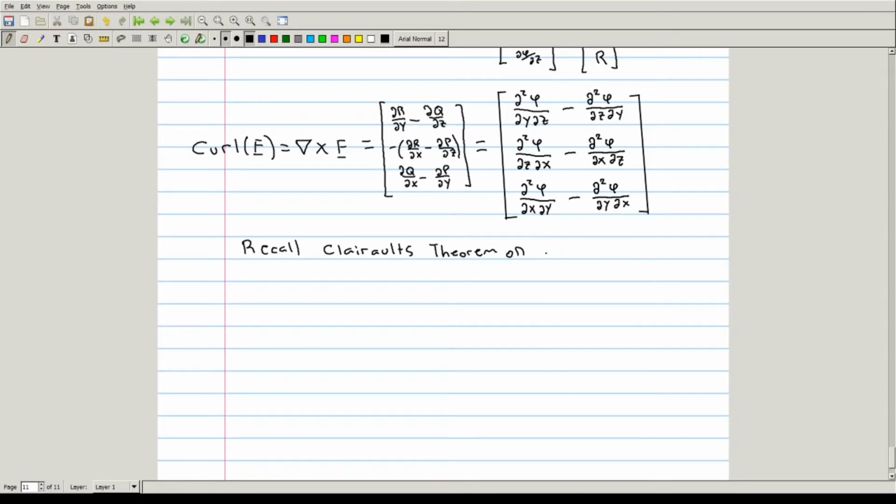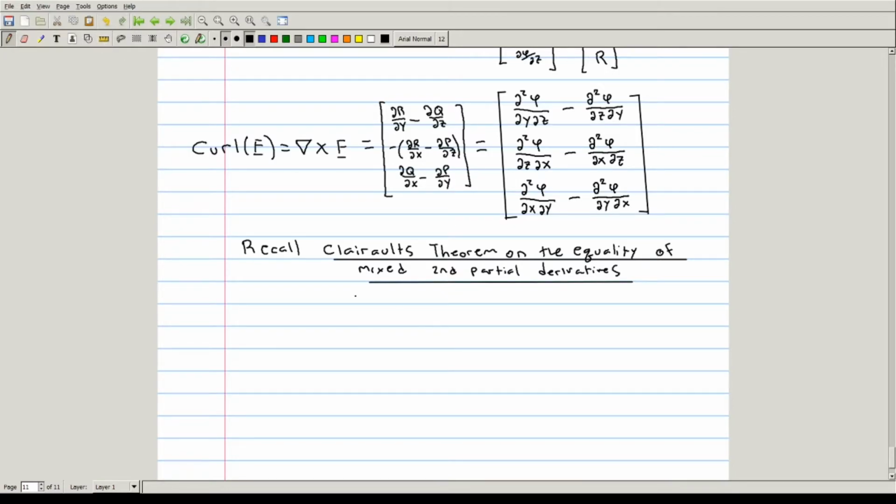On the equality of mixed second partial derivatives. And this is exactly saying the following.